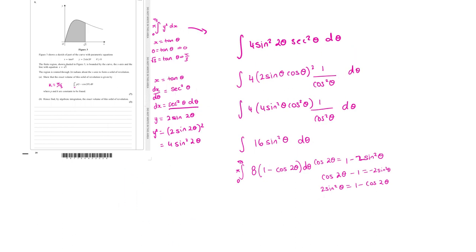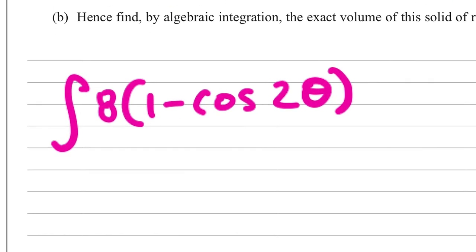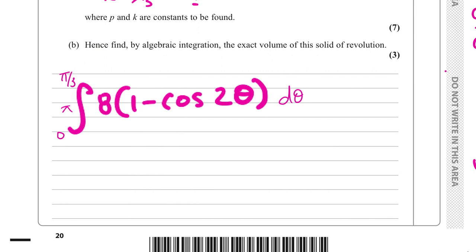Then, the last 3 marks. It says, hence find by algebraic integration the exact volume. So now I need to integrate this, 8 lots of 1 minus cos 2 theta, between pi over 3 and 0, and then multiply by pi. So first of all, this is the integral of 8 minus 8 cos 2 theta with respect to theta.